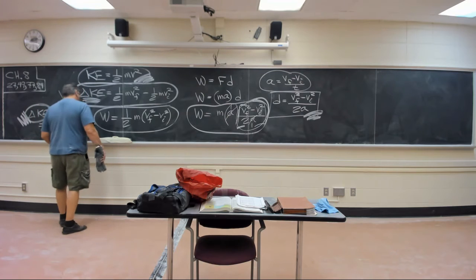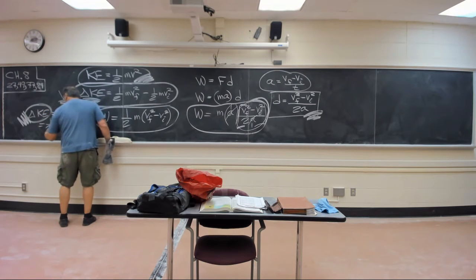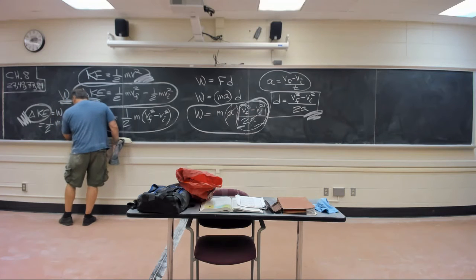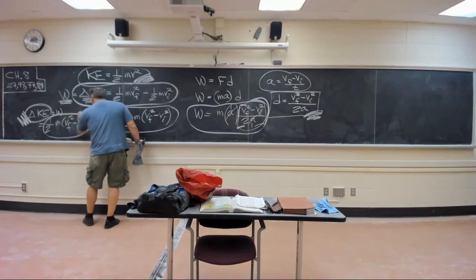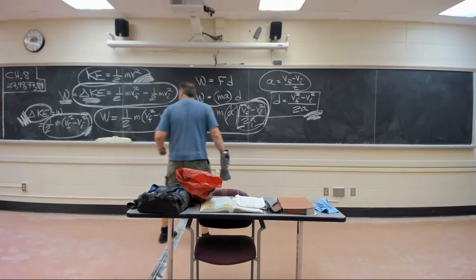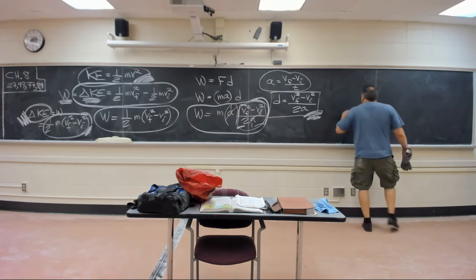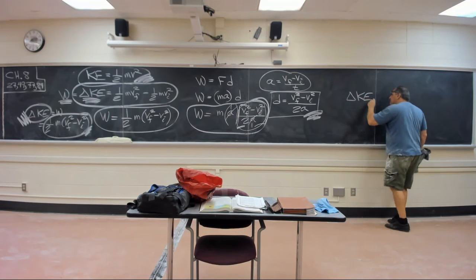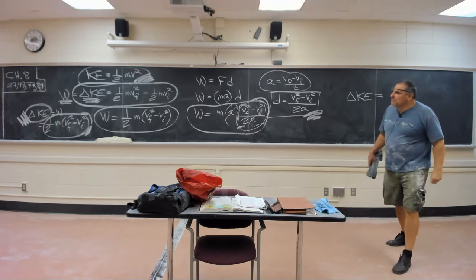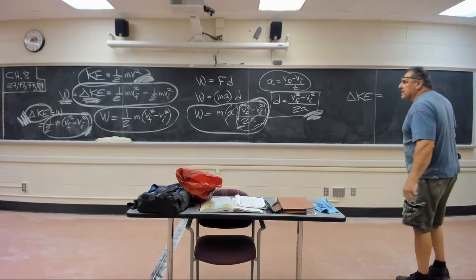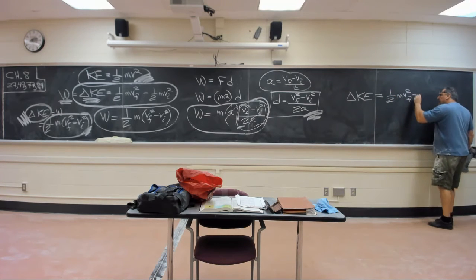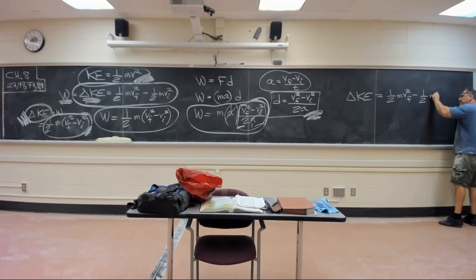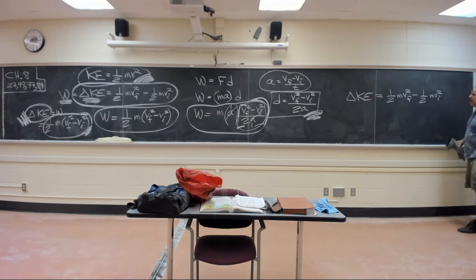Delta KE is 1/2 m Vf squared minus Vi squared. What if the thing started from zero?